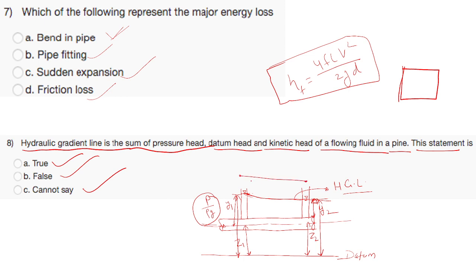If you connect the whole length, from datum up to that much, this is v1 square by 2g, this is v2 square by 2g. So this will give you what? The energy gradient line.